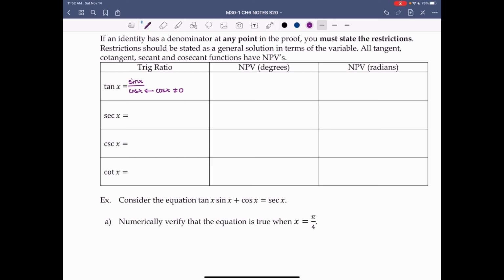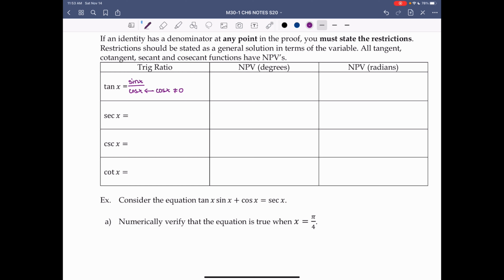When does cos x equal 0? That is when the x value equals 0 on the unit circle, which is at the positive y-axis, so 90 degrees, and the negative y-axis, so 270 degrees, and so on as we go around and around.